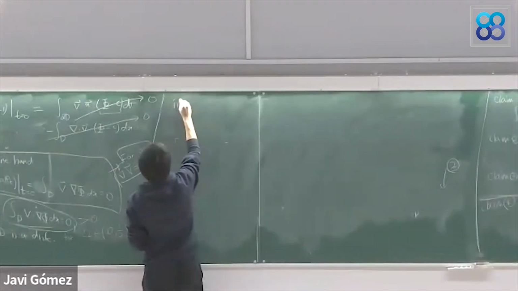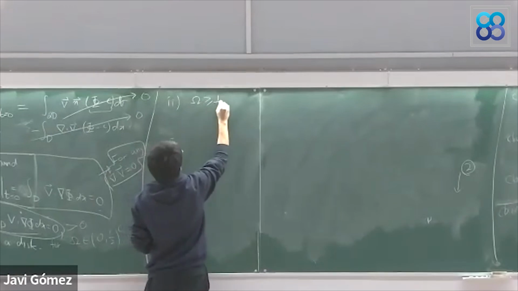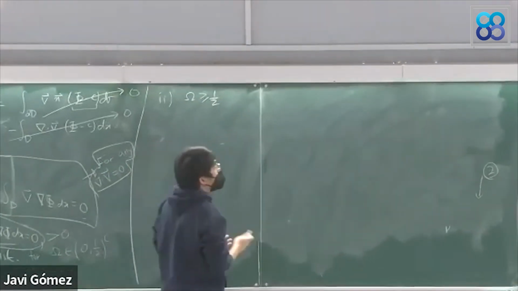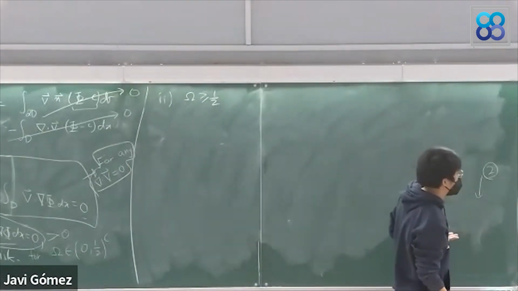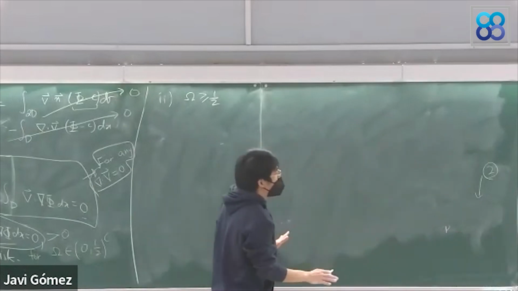The second case will be omega is greater than or equal to 1/2. Then I shouldn't have erased. But whatever.